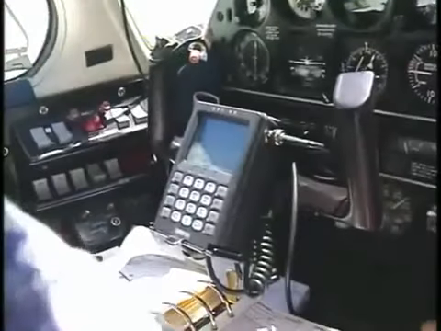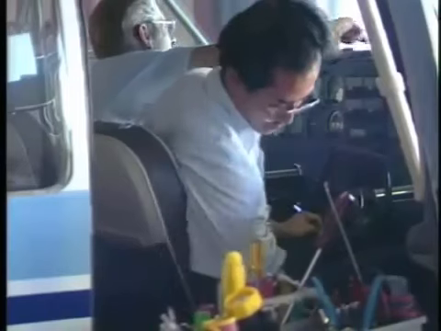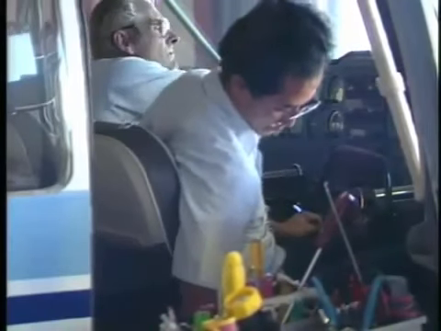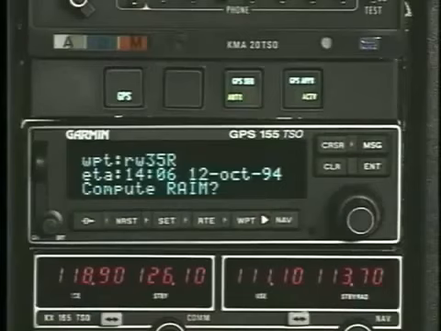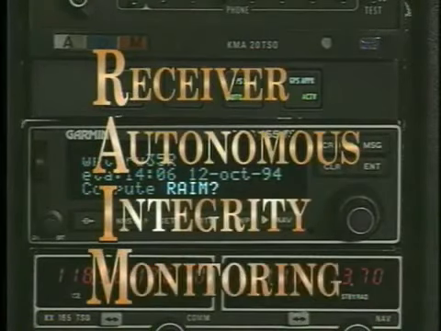You need to make sure these antennas are in a location that provides adequate signal reception. It is also your responsibility to verify that a panel-mounted unit has been properly installed and maintained in accordance with the AFM or POH. You should also be aware that GPS systems utilize Receiver Autonomous Integrity Monitoring, or RAIM.